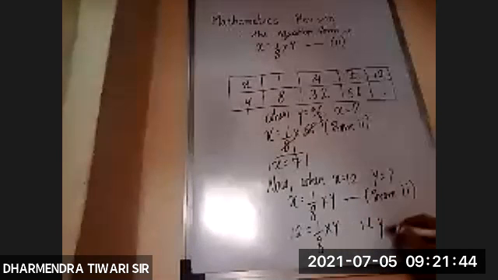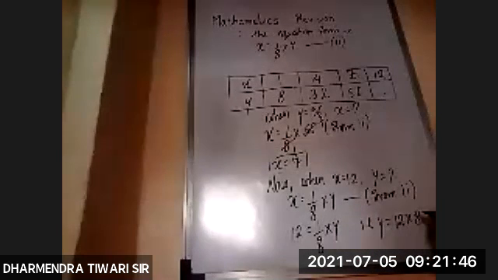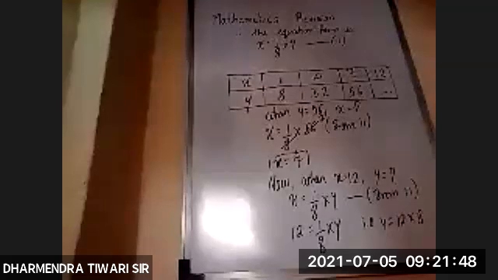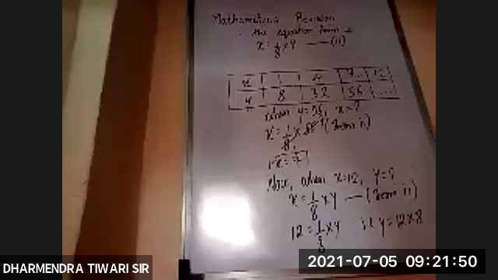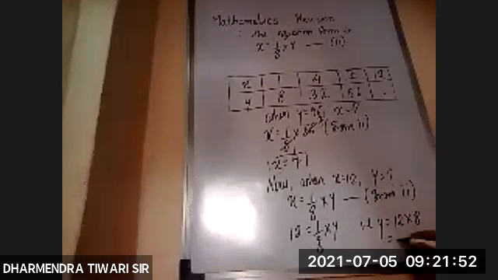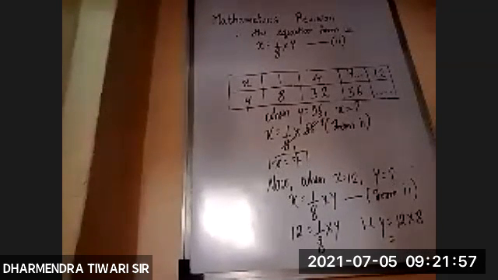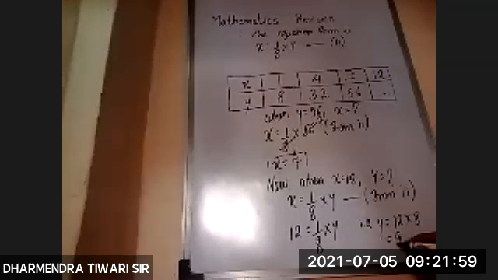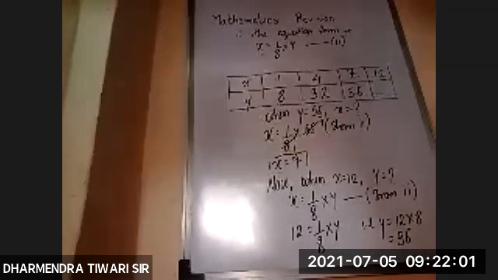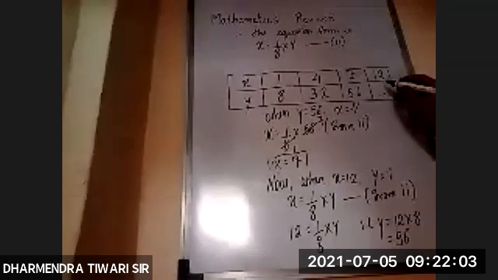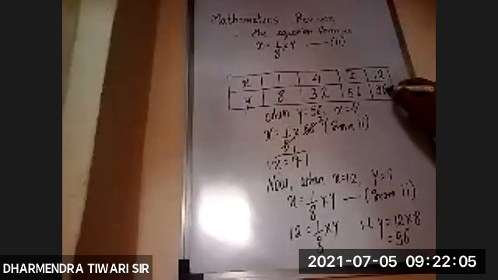So y is equal to 12 into 8. You know that 12 8s are 96. So we got the value of y as 96.